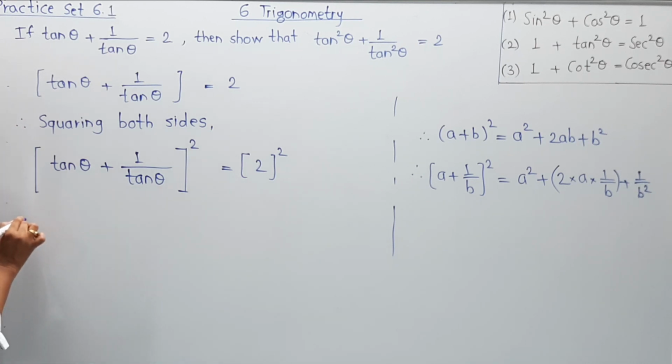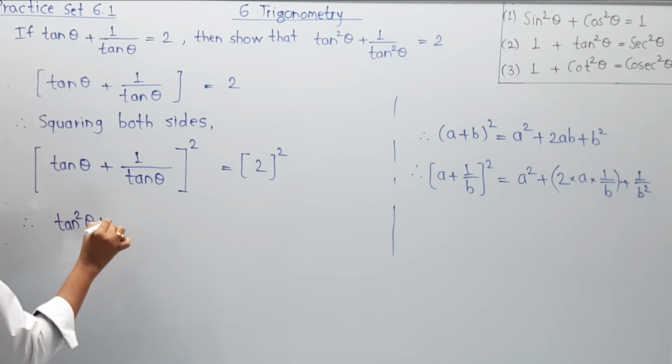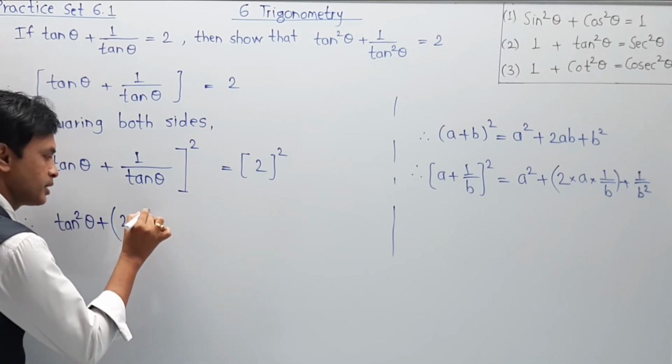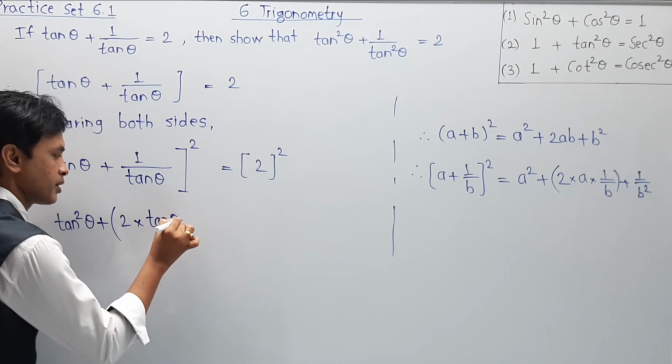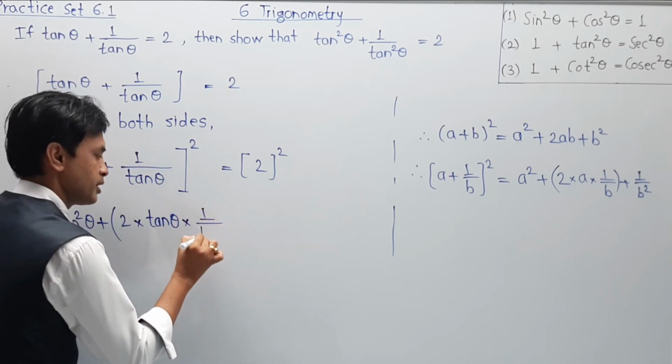So here it becomes tan square theta plus 2 into, first term means tan theta, into second term means 1 upon tan theta.